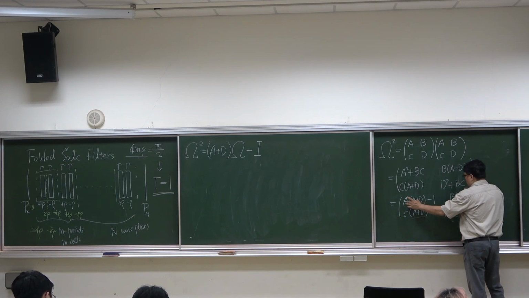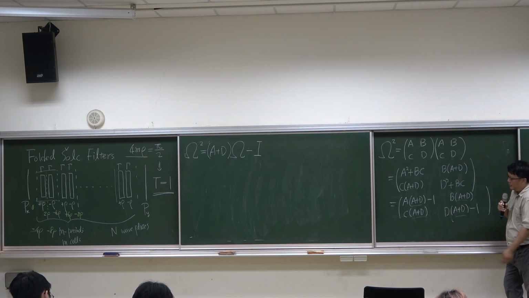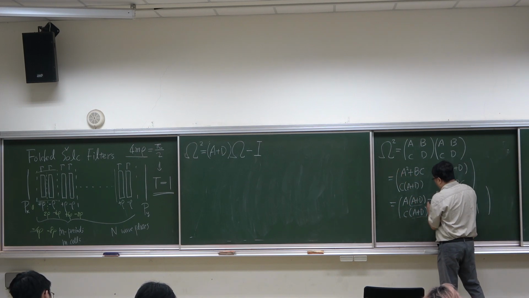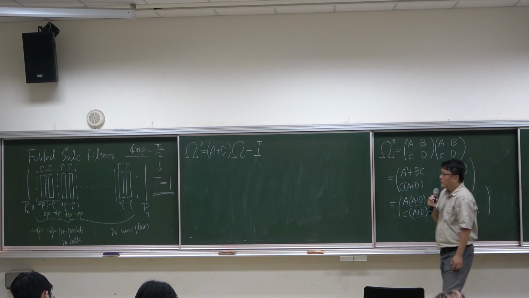A plus D times ABCD gives us this 4. Then minus the unit matrix gives us this minus 1.